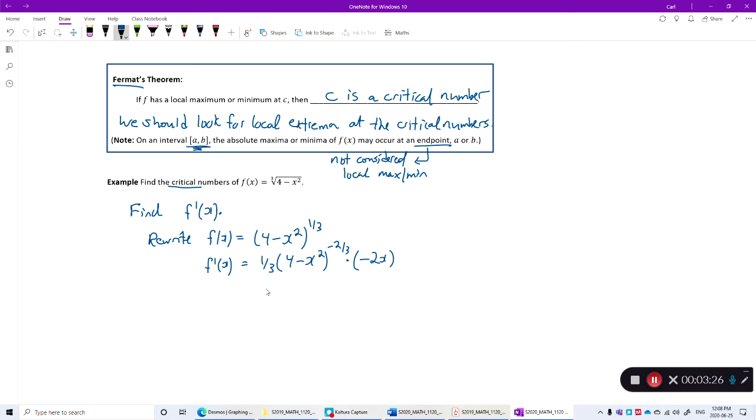Okay, so critical numbers are, one, where the derivative is 0. Now let me write this in one more way, where I put the negative exponent down in the denominator.